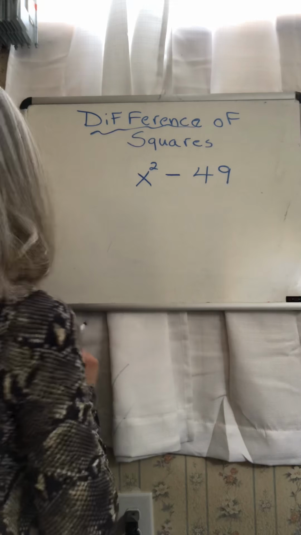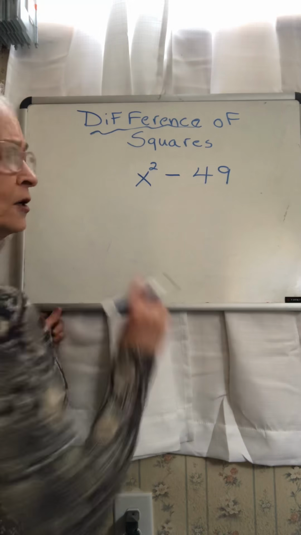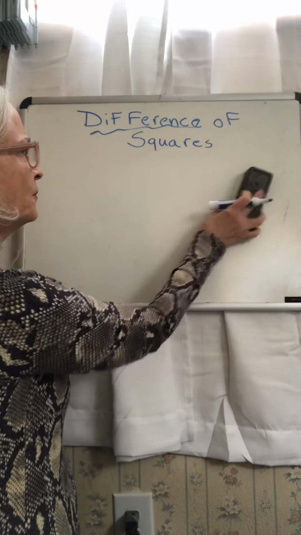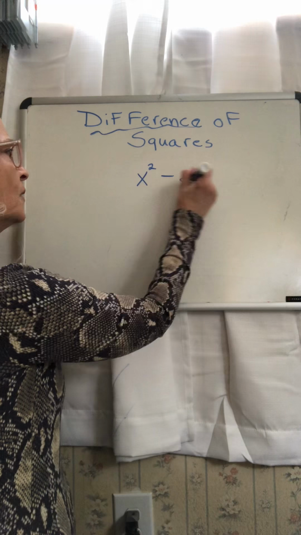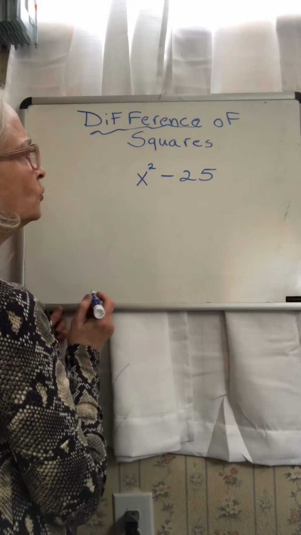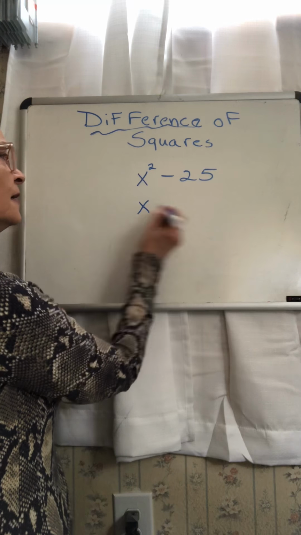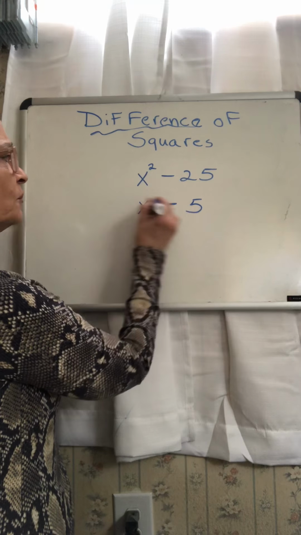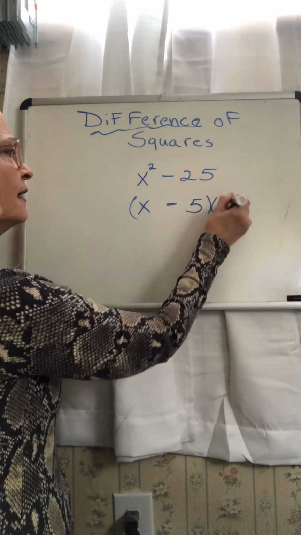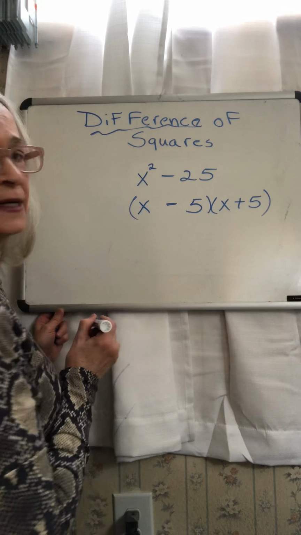Okay? Okay, so looking at your sheet, the first question that I have on there, number 1, is just x squared minus 25. So you figure out, okay, the perfect square of x squared is x, the perfect square of 25 is 5, and then you put a minus sign, and then you make the same binomial, only with a positive sign.